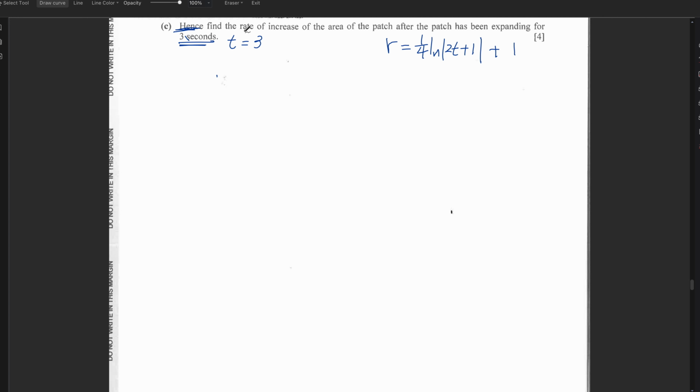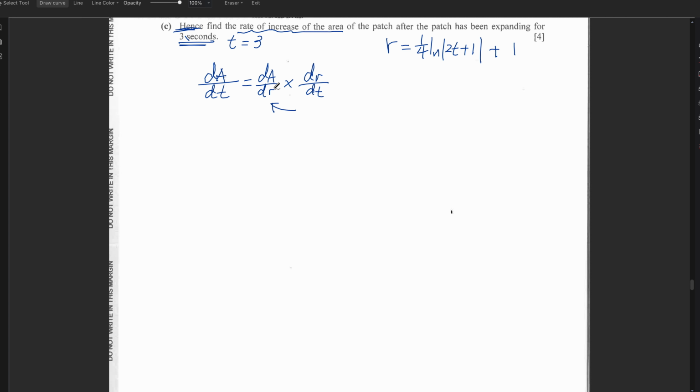So we are to find the rate of increase of the area, which is dA/dt. But what we only have now is dr/dt, right? How to link these two? There's this formula, dA/dr multiplied by dr/dt.